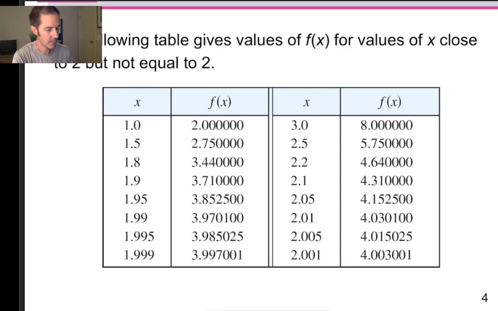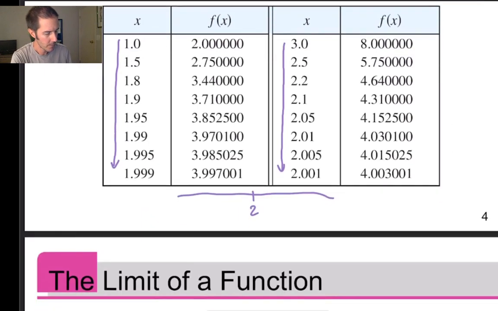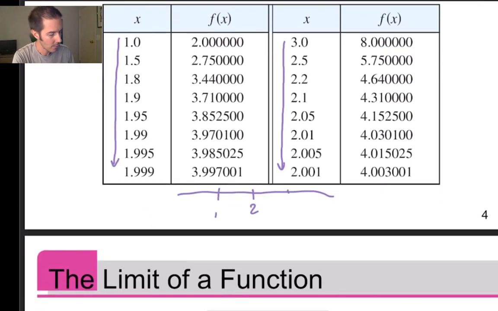The x values in this first column are increasing from 1, and then they're getting really, really close to the number 2. So those are increasing. In the third column, we've got x values that are starting at 3, and they're decreasing, getting closer and closer to 2. On the number line, if this is the number 2, and here's 1 and here's 3, the left-hand column is bringing us toward an x value of 2 from the left, and I say that very intentionally for a reason.